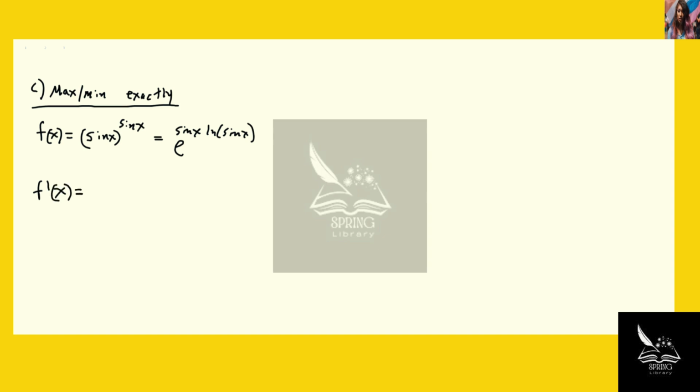So f prime of x. We're going to have to take the derivative of this using the chain rule. And remember, chain rule says we take the derivative of our outside function, which is just going to be e to the x, and the derivative of e to the x is e to the x. So that doesn't change at all. So sine of x times natural log of sine of x.